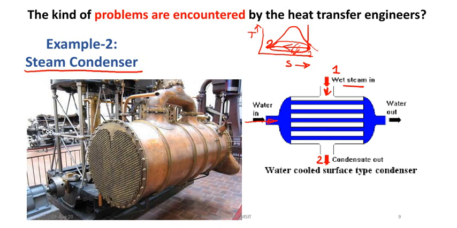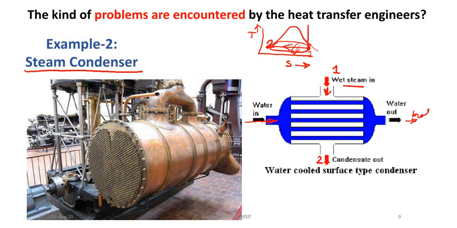So there is a process of heat exchange between this cold water and the steam, such that the latent heat of the steam is taken by the cold water, and when that water comes out it will be hot.